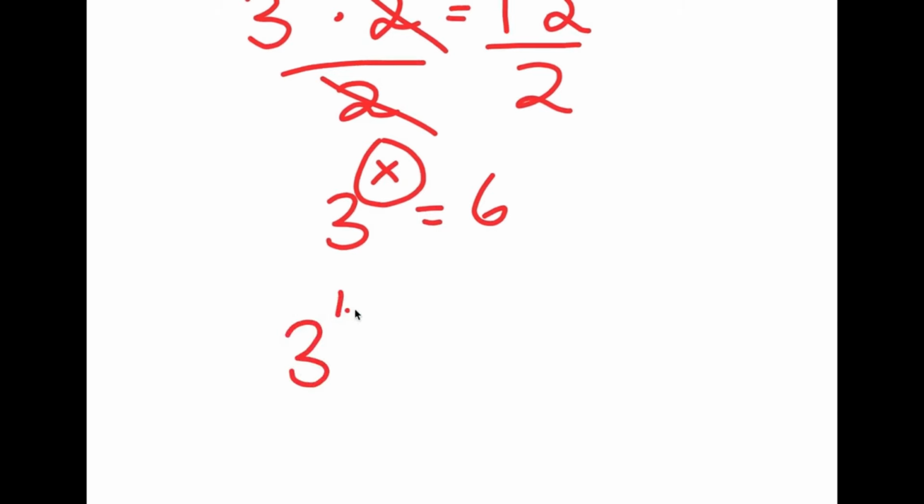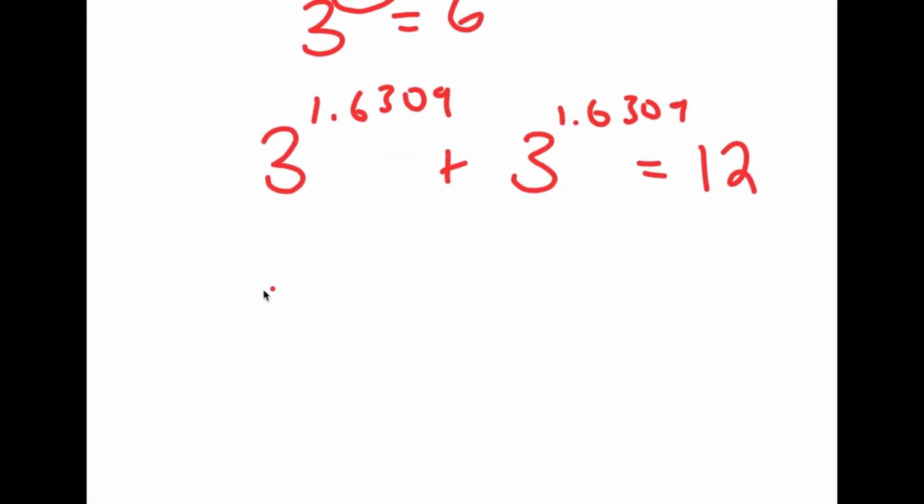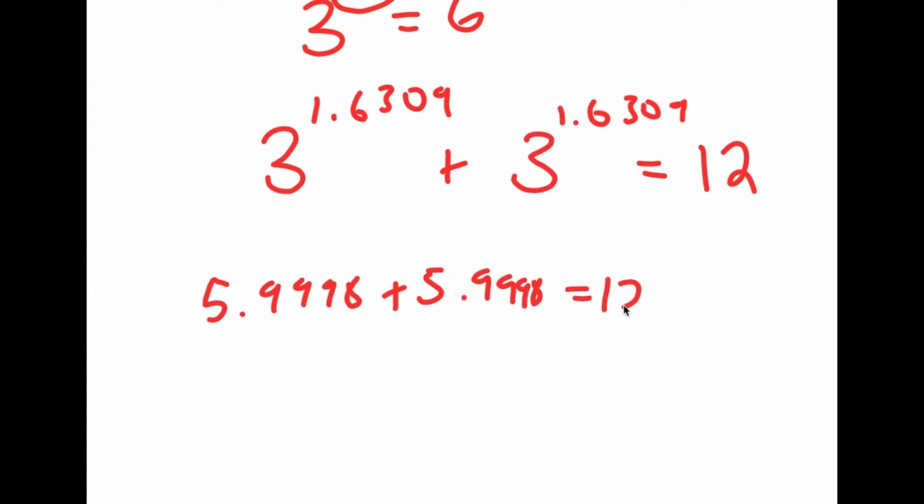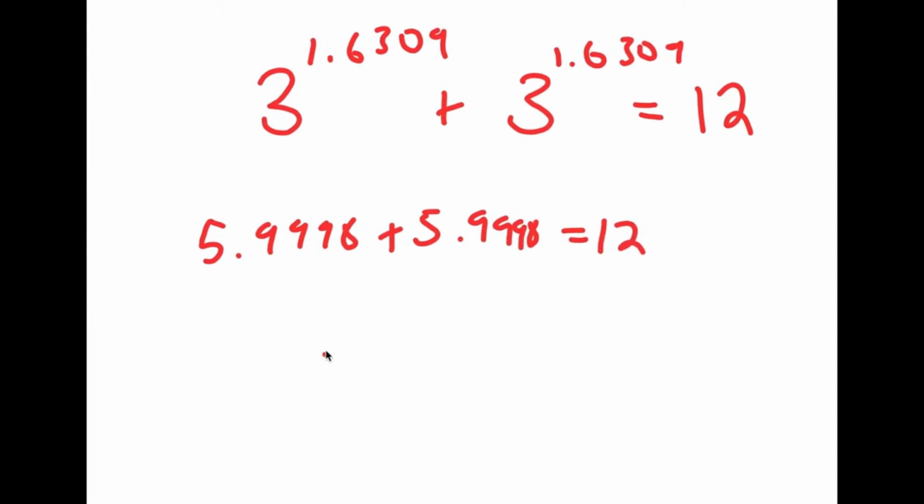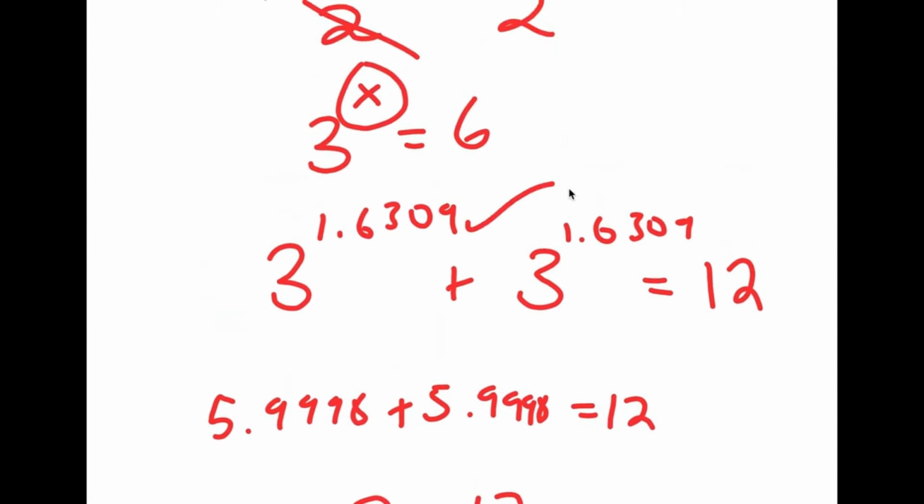So I get 3 to the power of 1.6309 plus 3 to the power of 1.6309 is equal to 12. And 3 to the power of 1.6309 is 5.9998. And if I add these two together, I get approximately 12. So I get 12 equals 12, and because this is right, I know my solution is right.